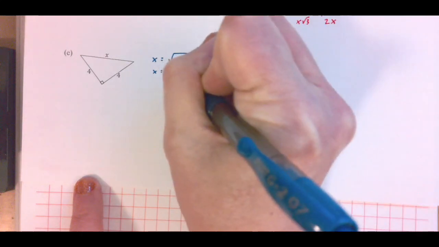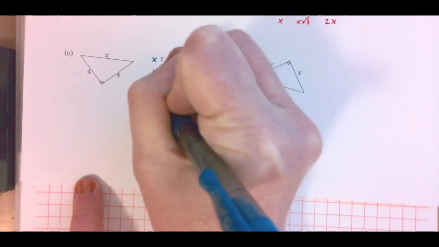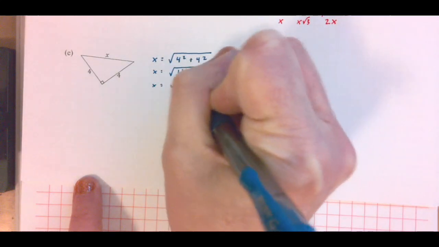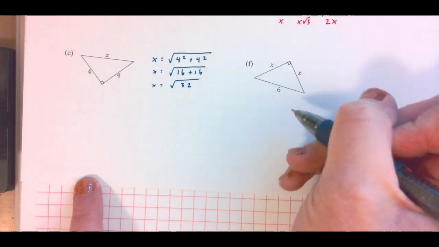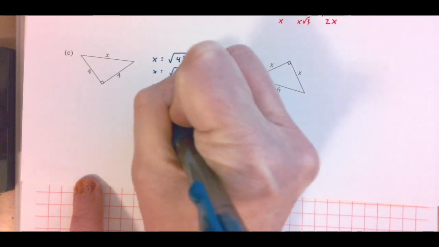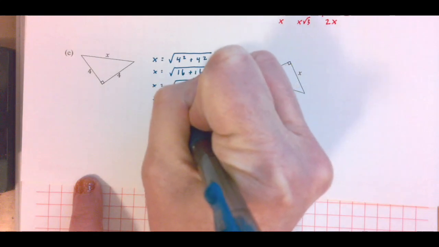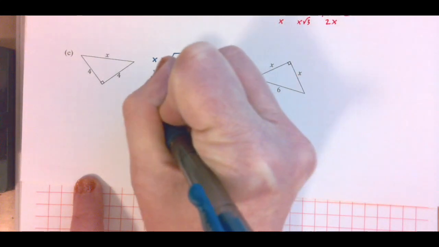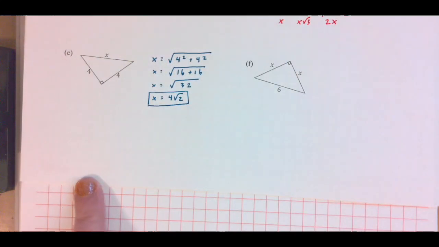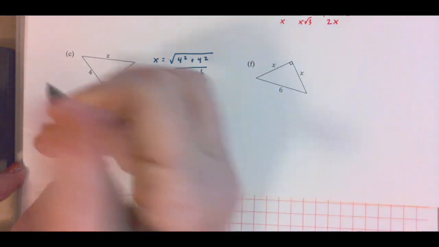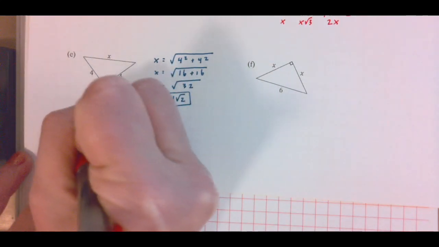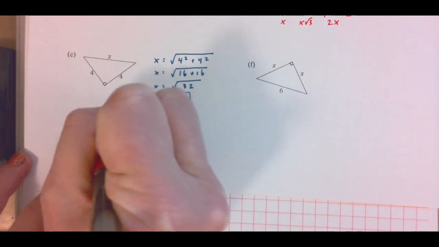So square root of 16 plus 16, square root of 32. 32 is 16 times 2, so I would get 4 root 2. Okay, this triangle right here is also a special right triangle. Let me write that first.